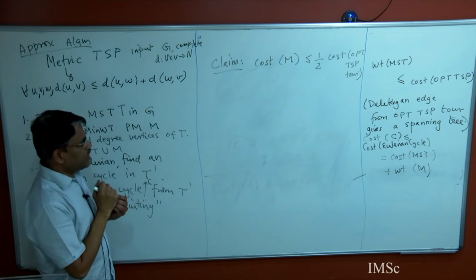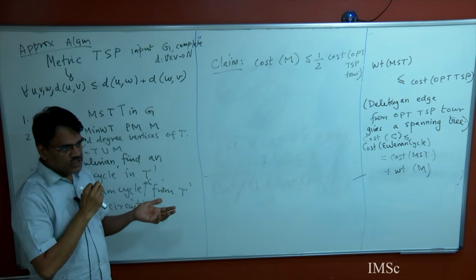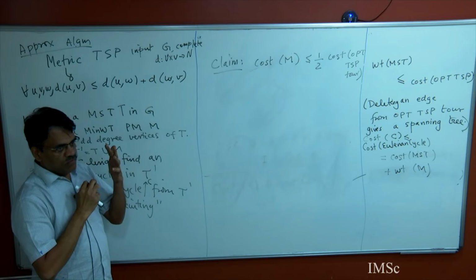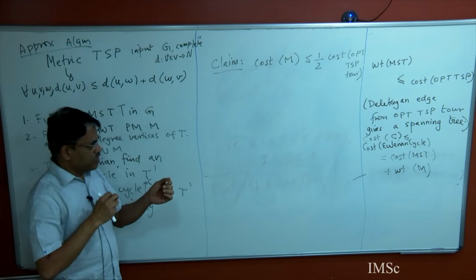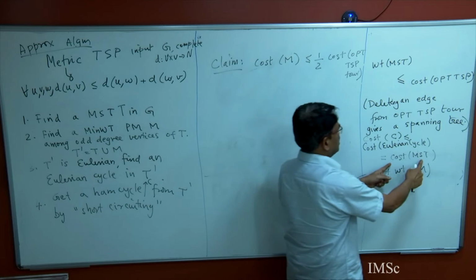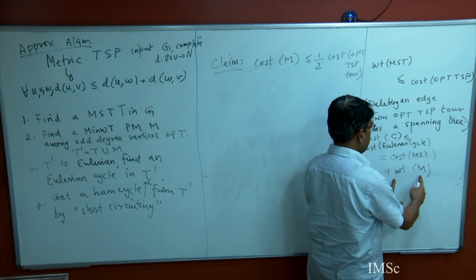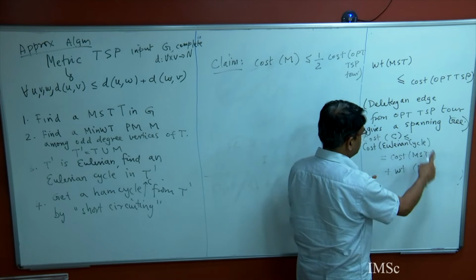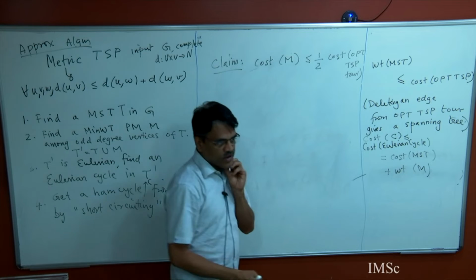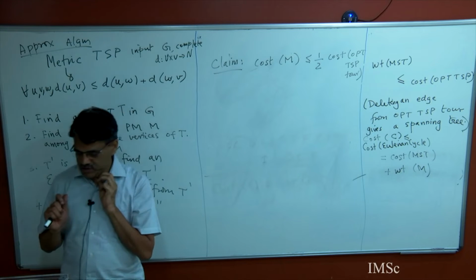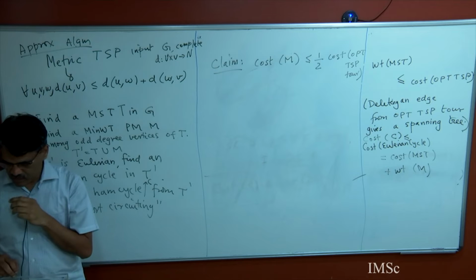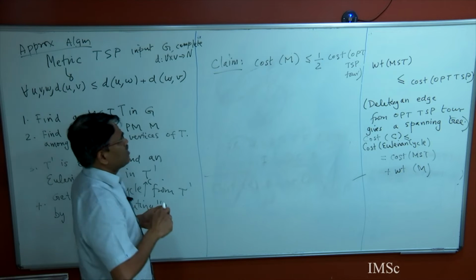Okay. To show that, what do I get? What sort of approximation ratio do I get? 1.5, 3 by 2, because this I know is less than or equal to cost of opt. This I am going to prove is at most half cost of opt. So, overall 1.5 times cost of opt, right. So, it is a 3 by 2 approximation. Okay, so why is this?